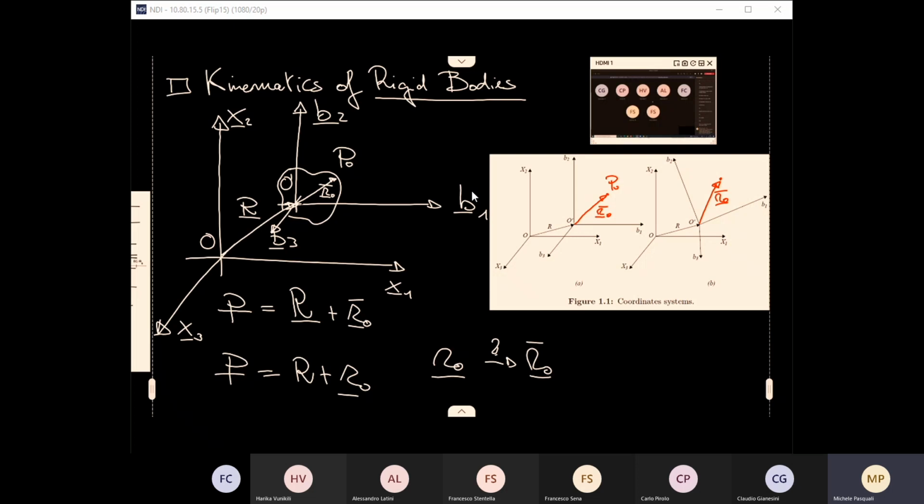And once we have R0 without the overbar, we can sum it to capital R to obtain the final position of the point. In fact, obtaining this matrix will signify being able to describe the orientation of the local frame. And we will close basically the problem of describing the position and the orientation of the body. We will start with that next time.